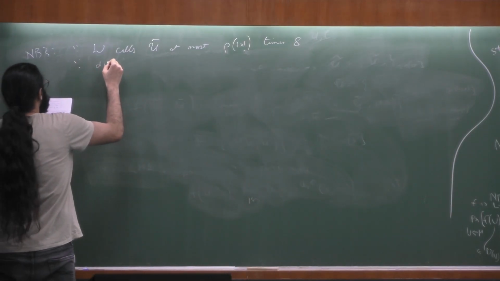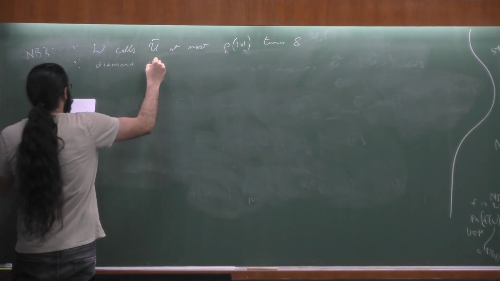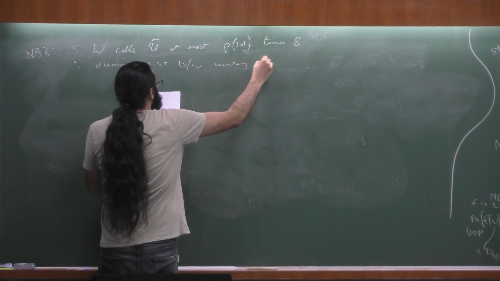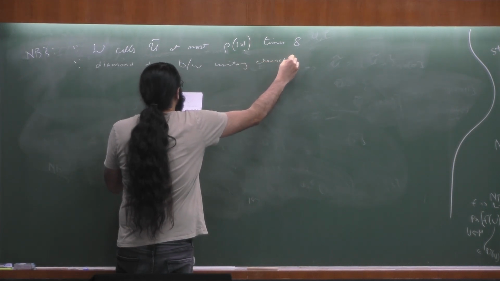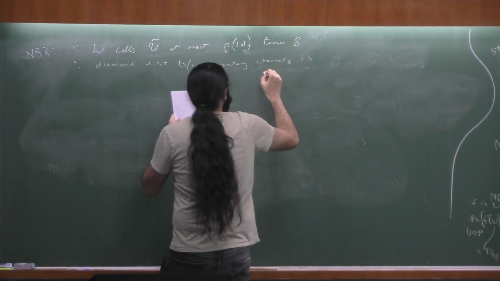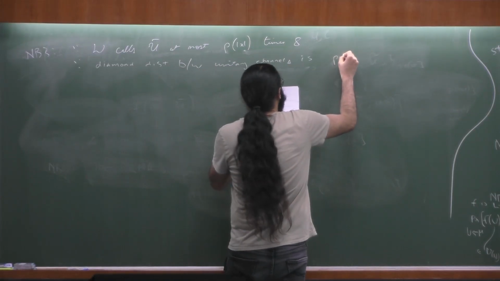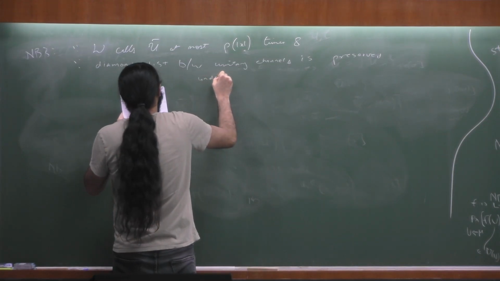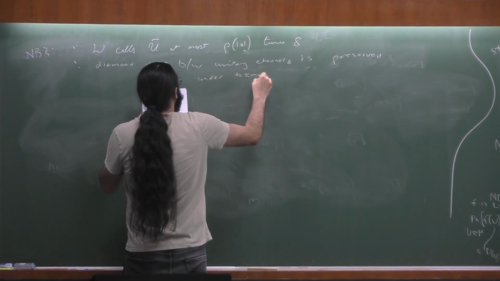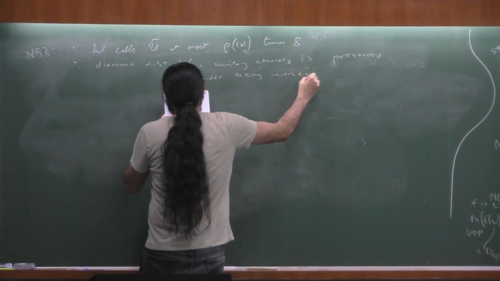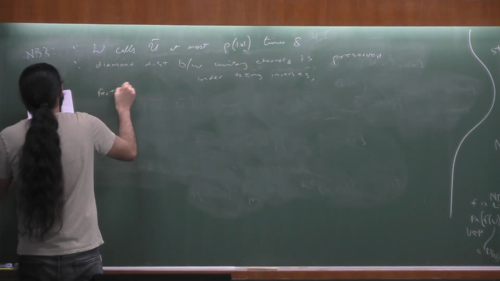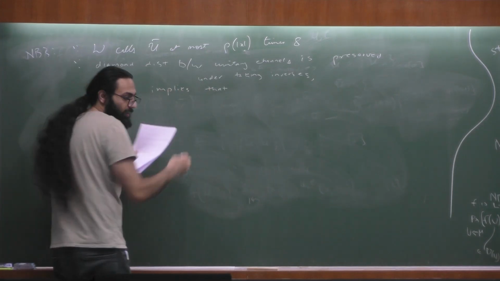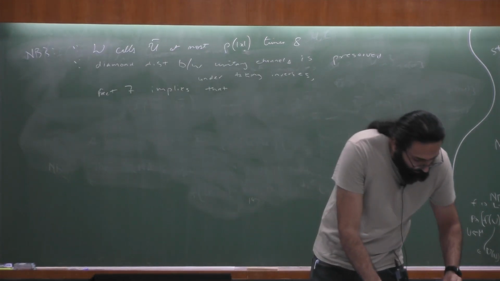And because the diamond distance between unitary channels is preserved under taking inverses, Fact 7 implies that. Let's recall Fact 7, because I don't remember.